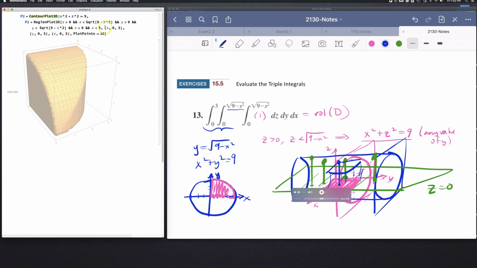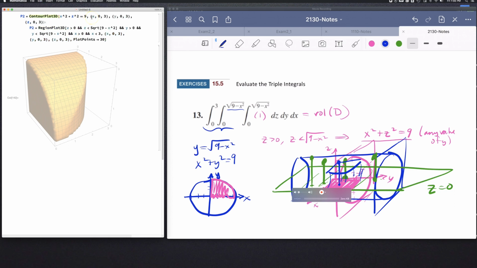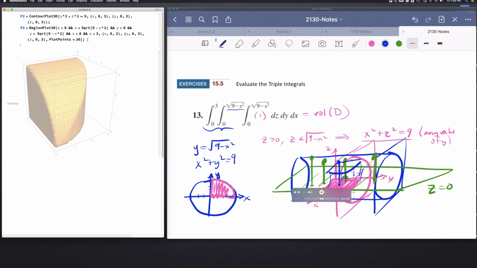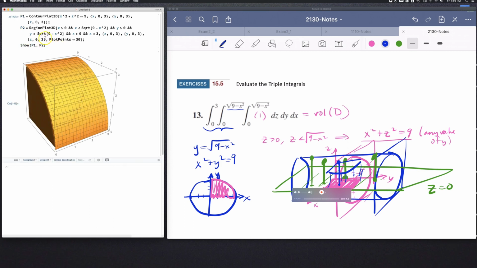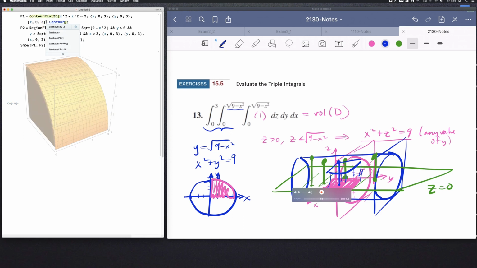And let's plot this over the same region, and you should see where the cylinder is coming in, and you'll see where our region fits in that context. Okay, so let's show these two plots together. Okay, let's make it contour style.